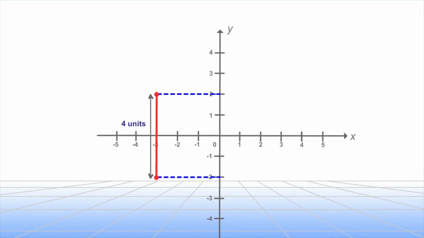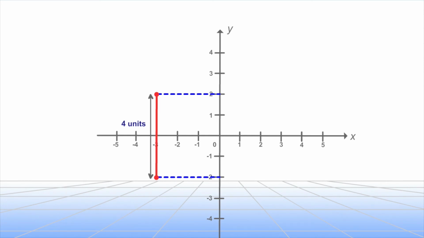We can also find the length of the line segment using the two endpoints of the line segment. The y-coordinates are 2 and -2. You should be able to see that the x-coordinates are the same across the line. The x-coordinates are both -3. This tells us that the line segment is vertical.